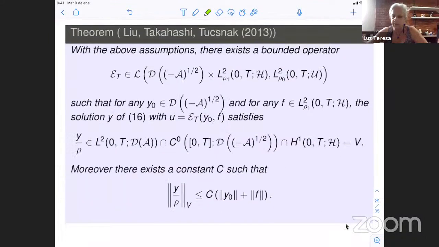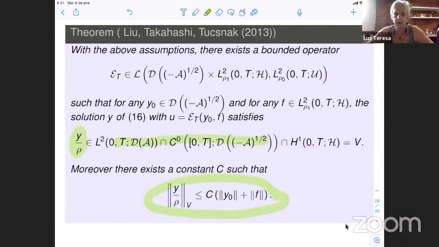And then there is the magic that appears. Then you're able to control this equation in some sense. In fact, the thing that you can do is to see that Y divided by ρ belongs to this space, okay? And in fact, you have this bound.